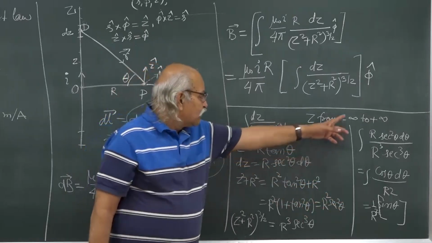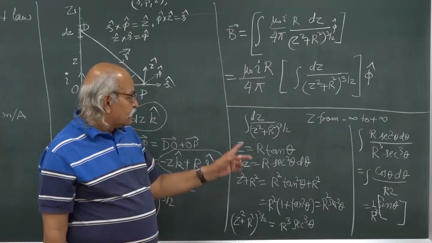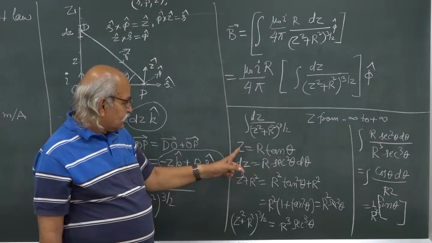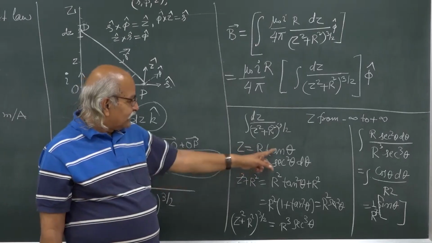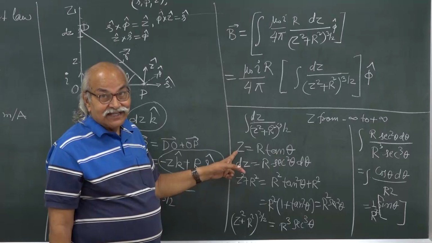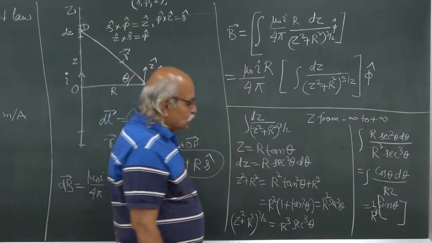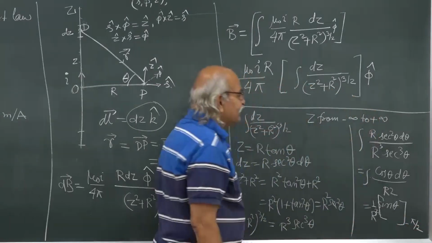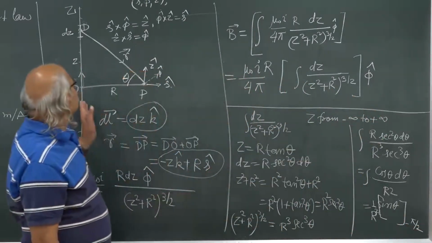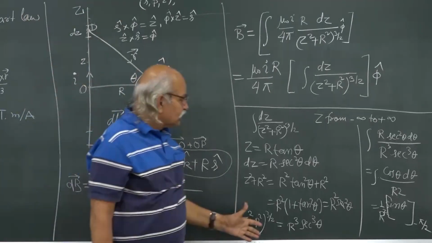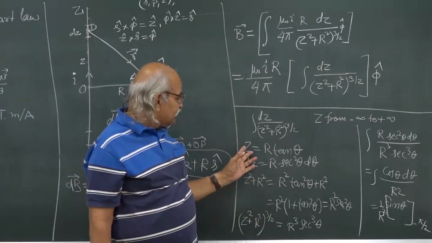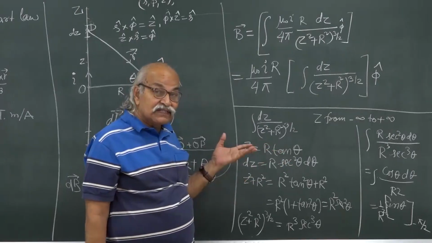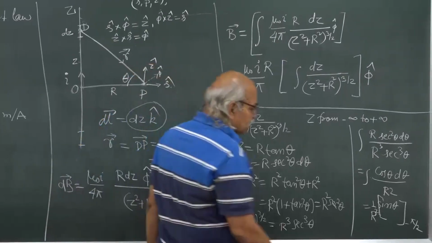So z goes from minus infinity to plus infinity. At minus infinity, tan theta is minus infinity, so theta is minus pi by 2. So you put minus pi by 2 here. And similarly z becomes plus infinity, and divided by r, which is of course finite, so tan theta is positive infinity, that is pi by 2.